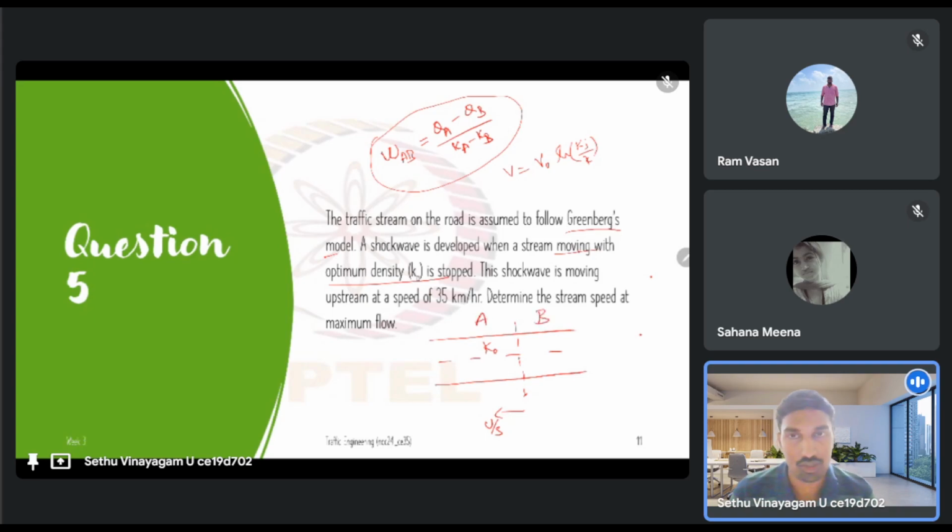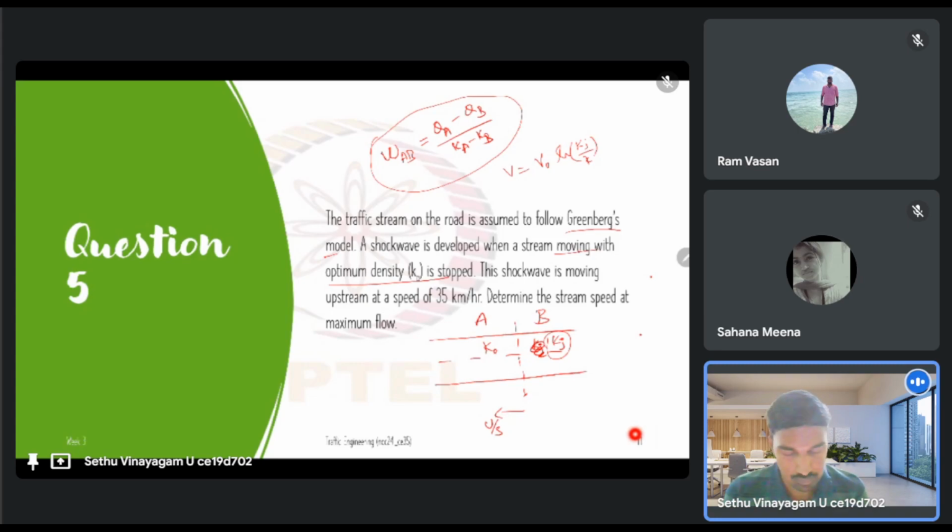It is stopped. Stopped means it is going to a jam condition. It is coming at optimum density and then it is suddenly stopped. Because there is congestion existing, this inflow cannot move further, so they have to come to a stop.